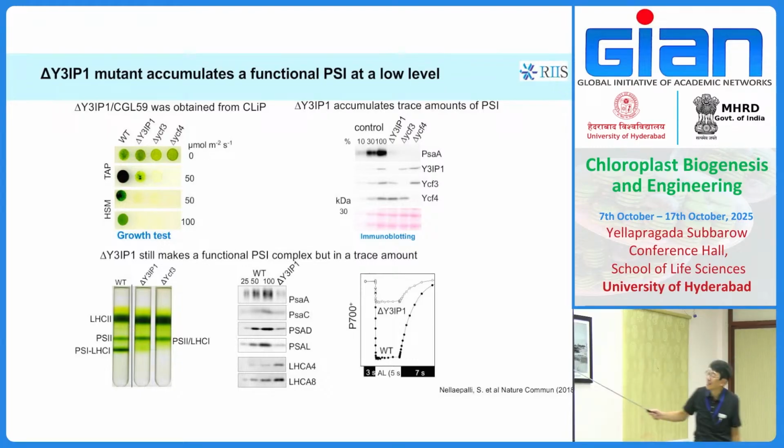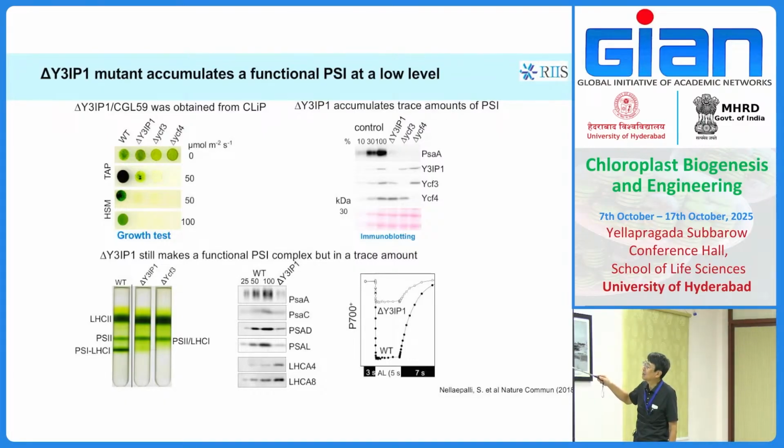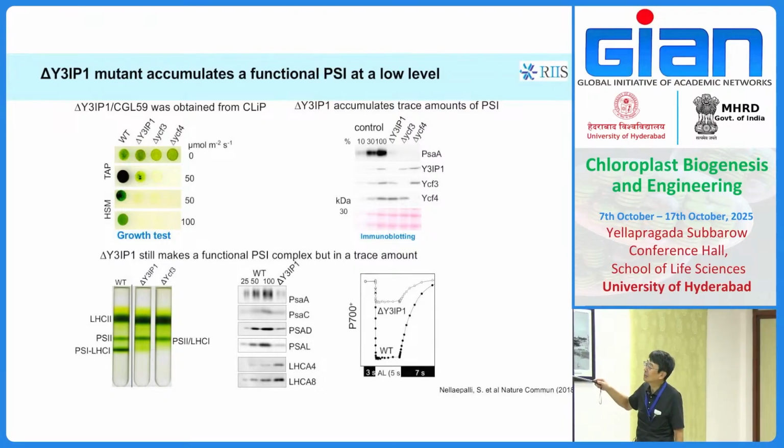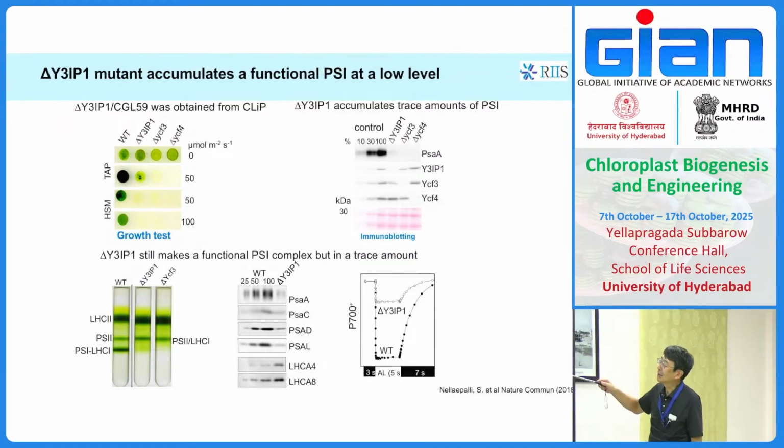You can see it's less than 10%, maybe 5%, something like that. And Y3IP1 is also present, but this mutant lacks it, of course. The YCF3 mutant lacks YCF3, but still accumulates Y3IP1. The YCF4 mutant lacks YCF4, but the others are still present.